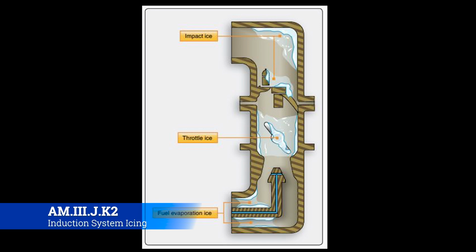However, there's always going to be some, and so what's effectively happening is that there's moisture inside of that fuel, and as it gets put into the induction system, that fuel starts to separate from the water, and that water, because it's sufficiently cold, freezes on the sidewalls of your induction system and starts to cause an ice blockage. So those are your three fundamental types of induction system icing.